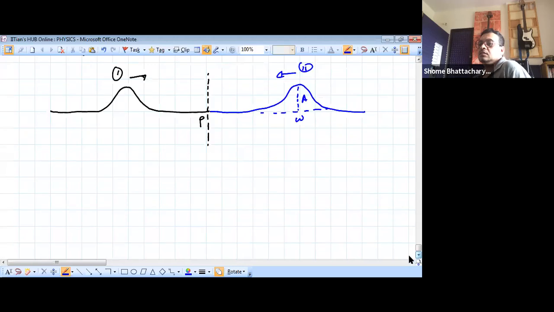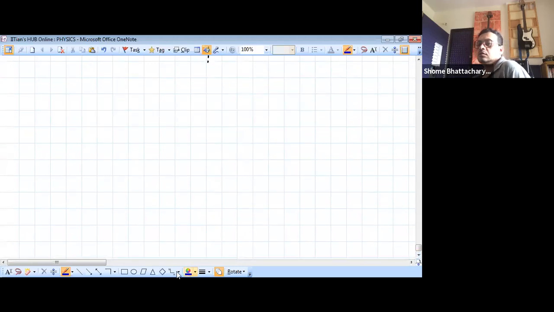So you will understand here that what happens is, as the forward pulse, let's say, comes to a position like this.